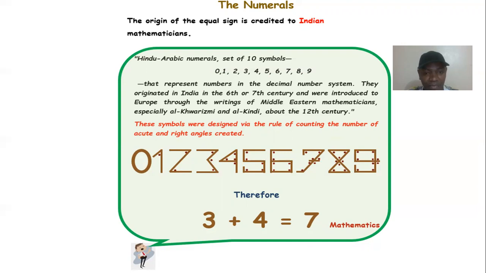If you speak in Spanish, you might say "3 más 4 es igual a 7." All right? That's what you will say, but the symbol remains universal. So that's why sometimes they say mathematics is a universal language.